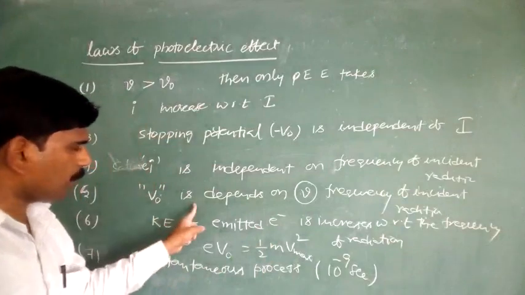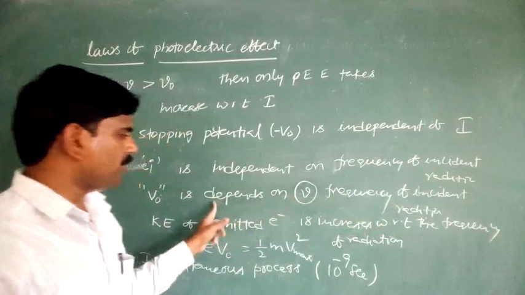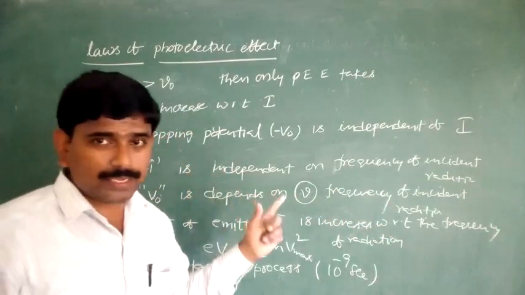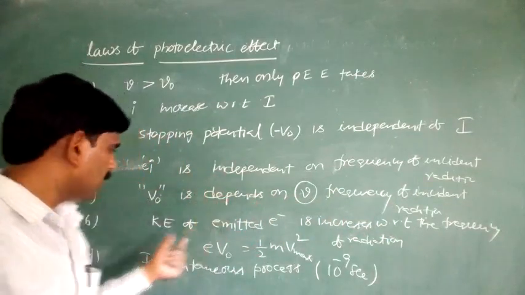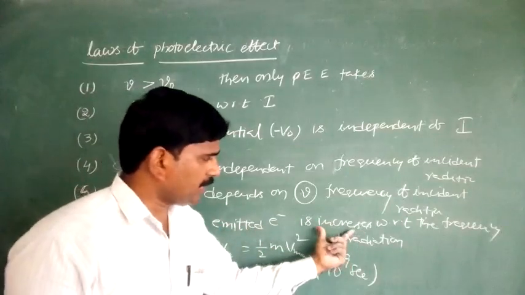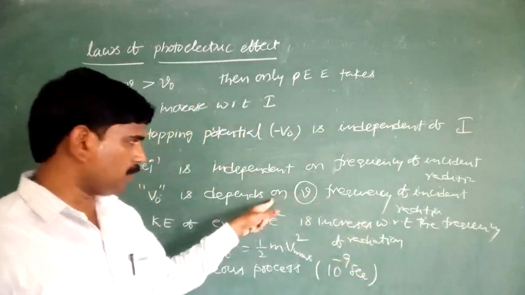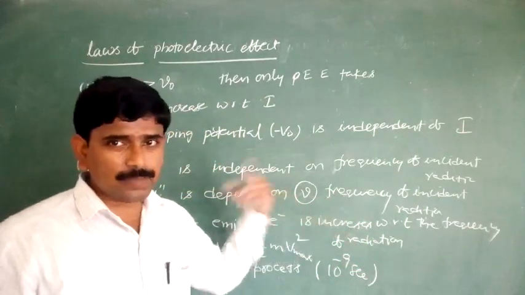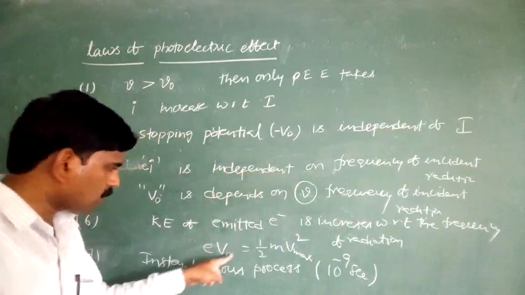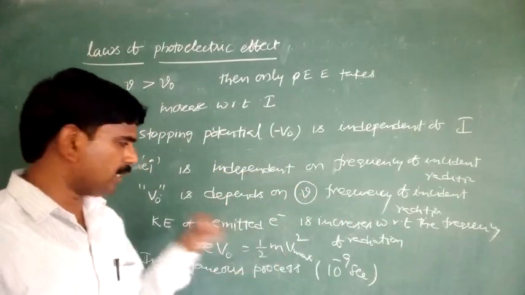Next, the stopping potential depends on the frequency of the incident radiation. How is it dependent? As frequency increases, stopping potential increases. Next, the kinetic energy of the emitted electrons increases with the frequency of the incident radiation. Already we said that as frequency increases, stopping potential increases, and as stopping potential increases, the kinetic energy of the emitted electrons also increases.